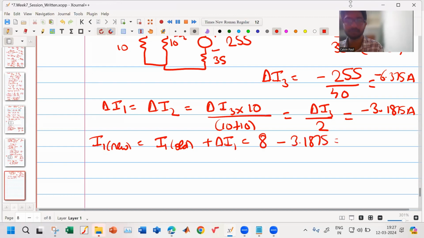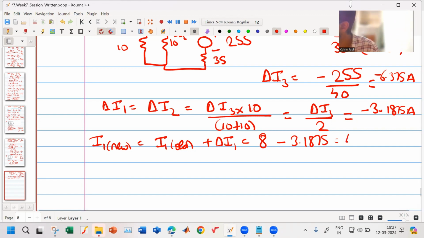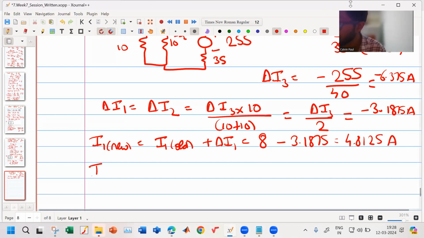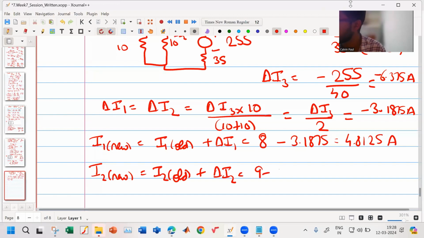So this is 4.8125 ampere. What is I2 new? That is 9 minus 3.1875, that is 5.8125 ampere. What is I3 new?